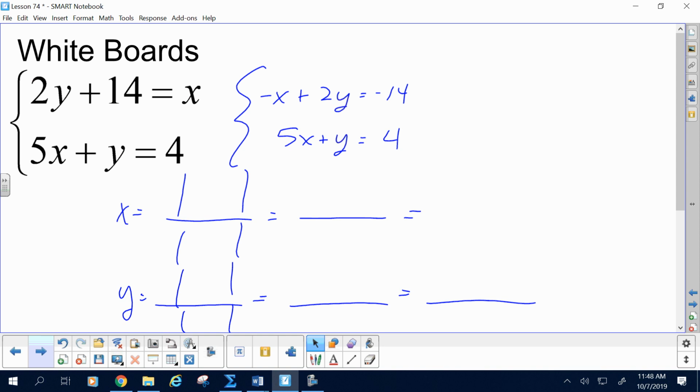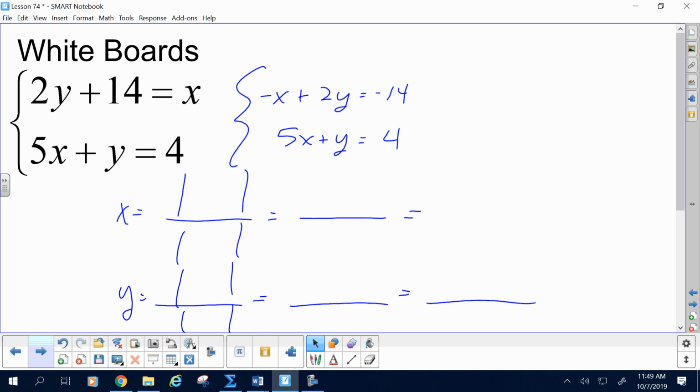So here on y, you leave the x's the same and replace the y's. So the x's will stay the same. It's the y that gets replaced. That's what I did. You put the 14 and 4 in x's place.